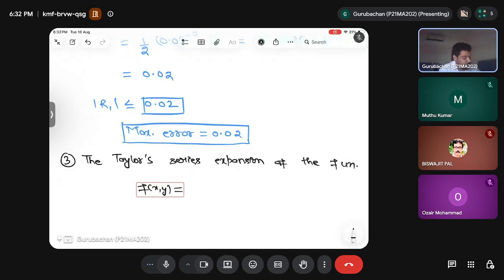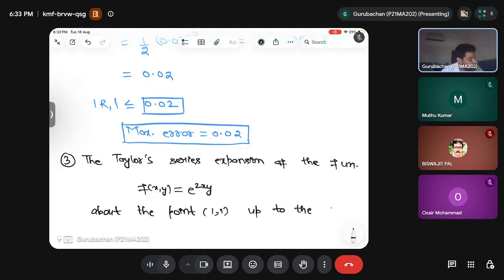So this function is f(x, y) equals e to the power 2xy about the point (1, 1) up to the second order.